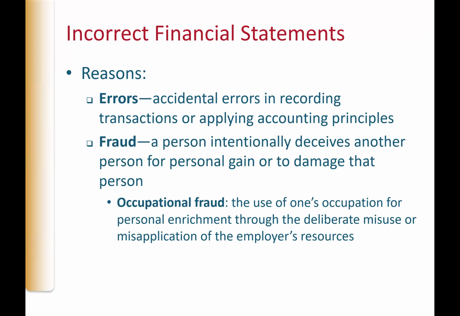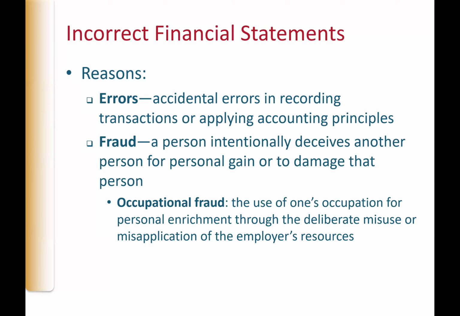Fraud is when a person intentionally deceives another for personal gain or to damage that person or company. Occupational fraud is the use of one's occupation for personal enrichment through the deliberate misuse or misapplication of the employer's resource.